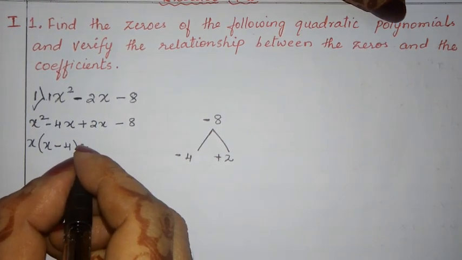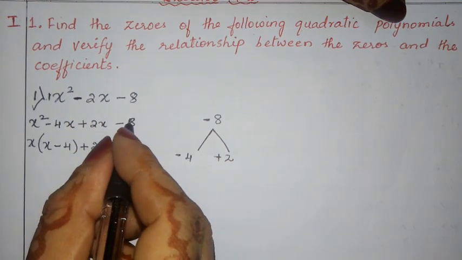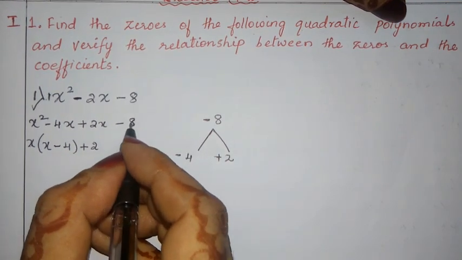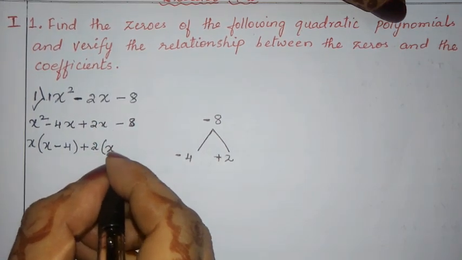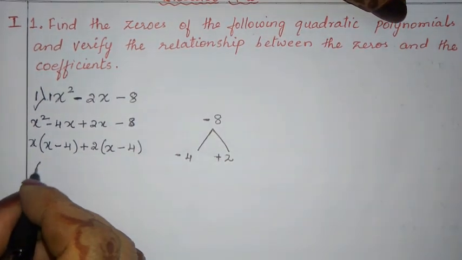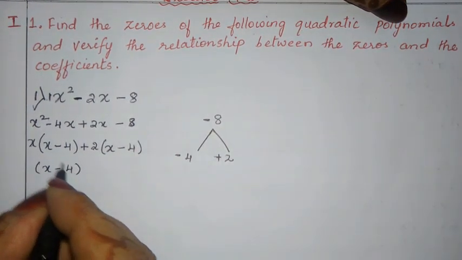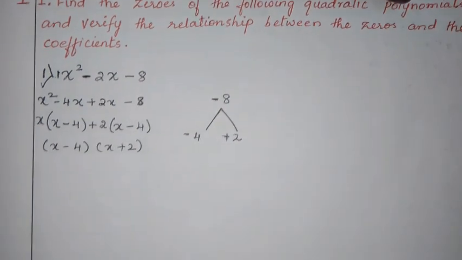Plus, what is common here? 2 is common, because in the 2 table 8 also comes. If 2 is common, what is left? X, and 2 fours are 8. So now x minus 4 is a common bracket, times x plus 2. So these are the two factors we got.